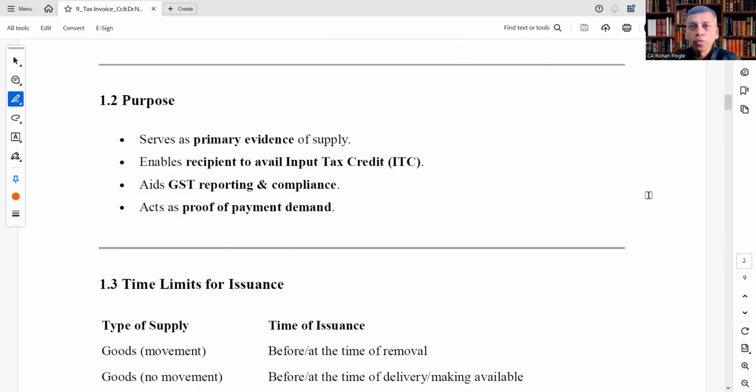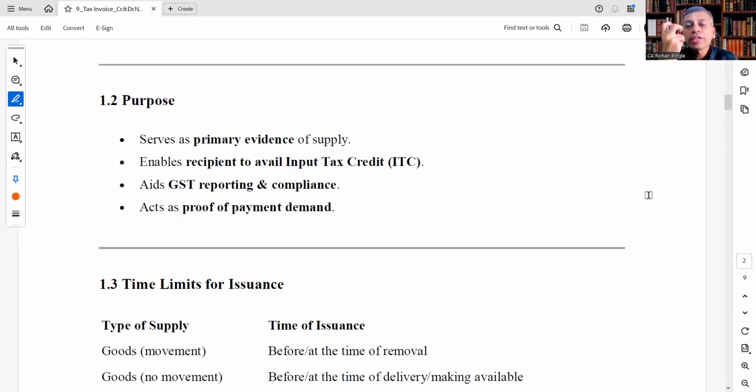What is the purpose of issuing a tax invoice? It serves as primary evidence of supply. It is the first-hand evidence of supply. The tax invoice enables the recipient to avail input tax credit.